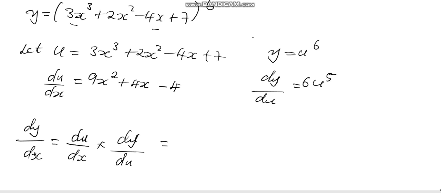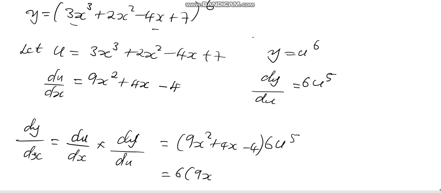For du dx, we have 9x to the power 2 plus 4x minus 4. Then for the other side, we have 6u to the power 5. So this is the same as 6 times 9x squared plus 4x minus 4.